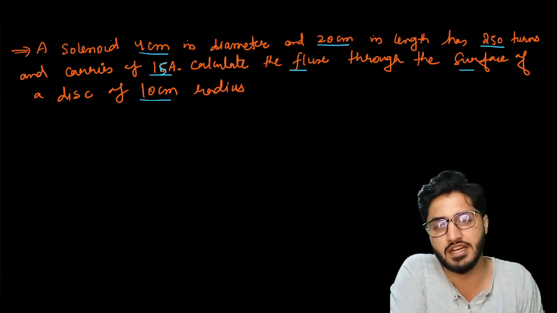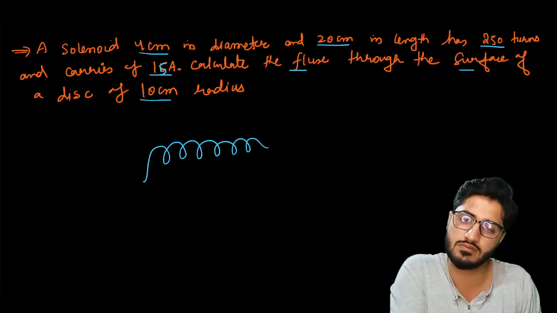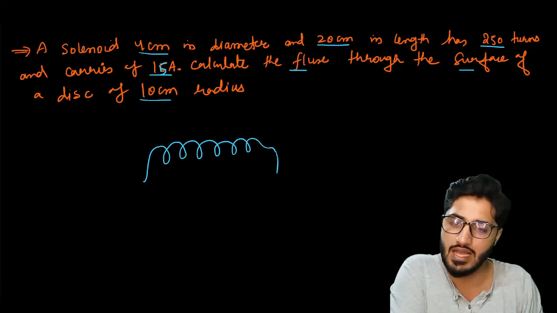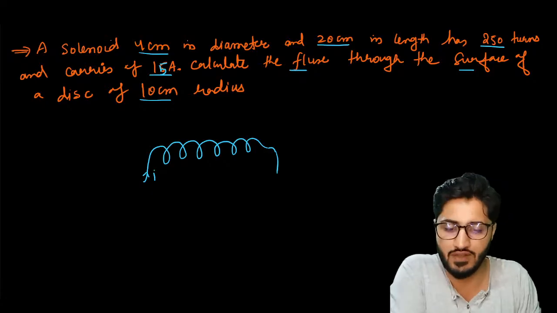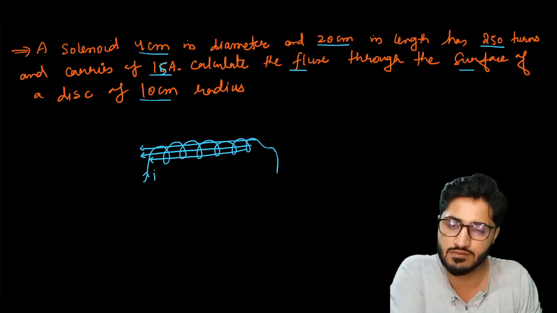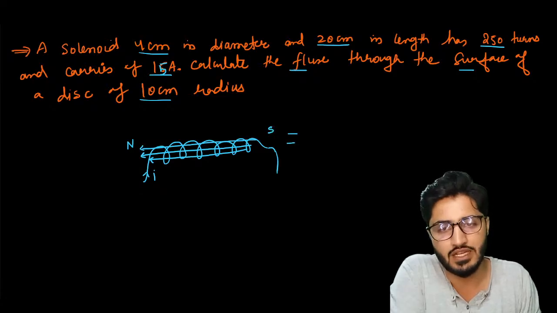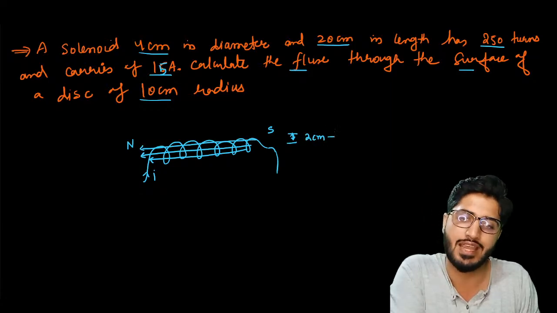So that simply indicates we have a solenoid, and it is like this. Current I is flowing through it, and we have a magnetic field, which will be in this way. We know it now. This would be a north face, this would be a south face. The radius of this solenoid is given as 2 centimeter, I can write it as 2 into 10 to the power minus 2 meter.